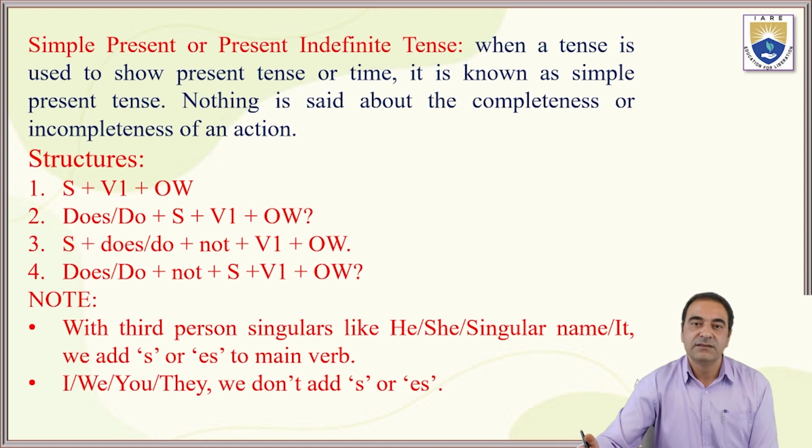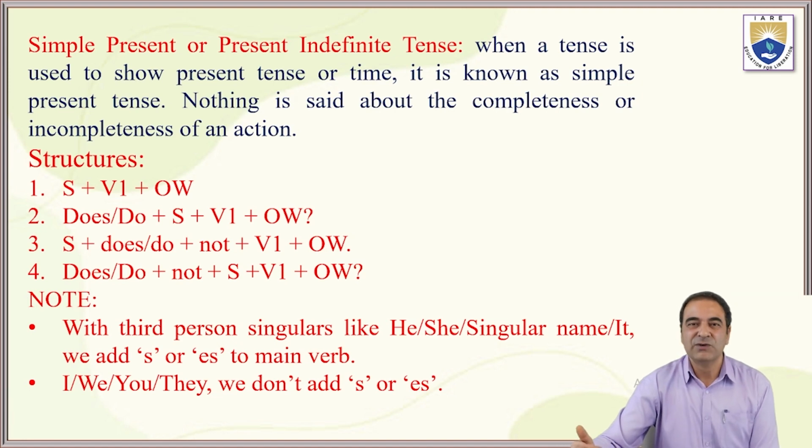Nothing is said about the completeness or incompleteness of an action. Now look, in simple present, time of an action is present. And the second part of the definition is very important. Why? What is the second part of the definition? Nothing is said about the completeness or incompleteness of an action.